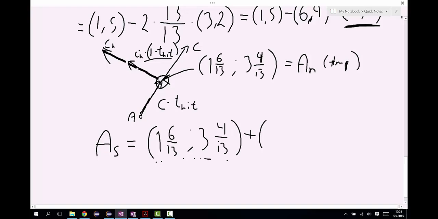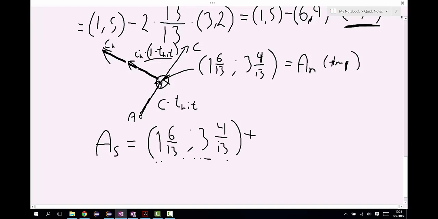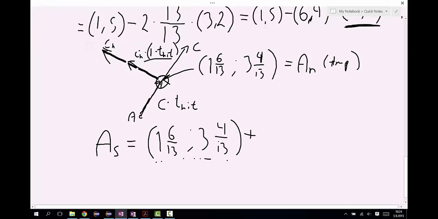plus 7/13, and we can just mark that here with 1 minus T hit.